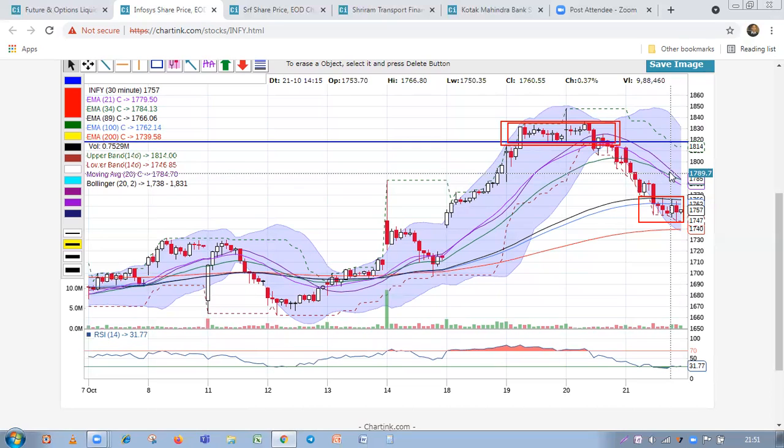We can accordingly choose a particular strike price in the range of a maximum of 3% on the upper side. I'm saying maximum. And it's always better to trade at the ATM price. Suppose we are taking 1780 or 1770 rupees, we can say a breakout on the upper side. So we should look for the nearby, means 1800 or even 1780.